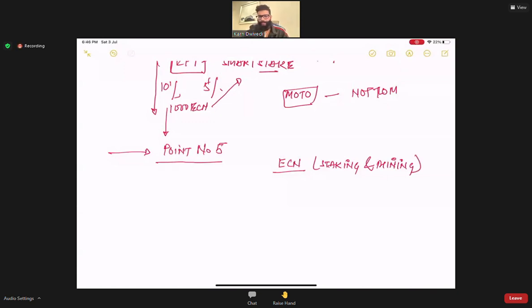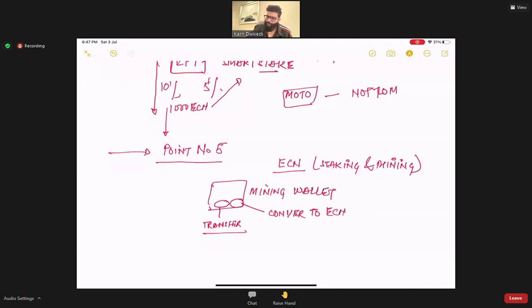Your mining income is unaffected. It's not affected. Your mining income comes to your mining wallet. Here you used to have two buttons: a transfer button and a convert to ECN button.